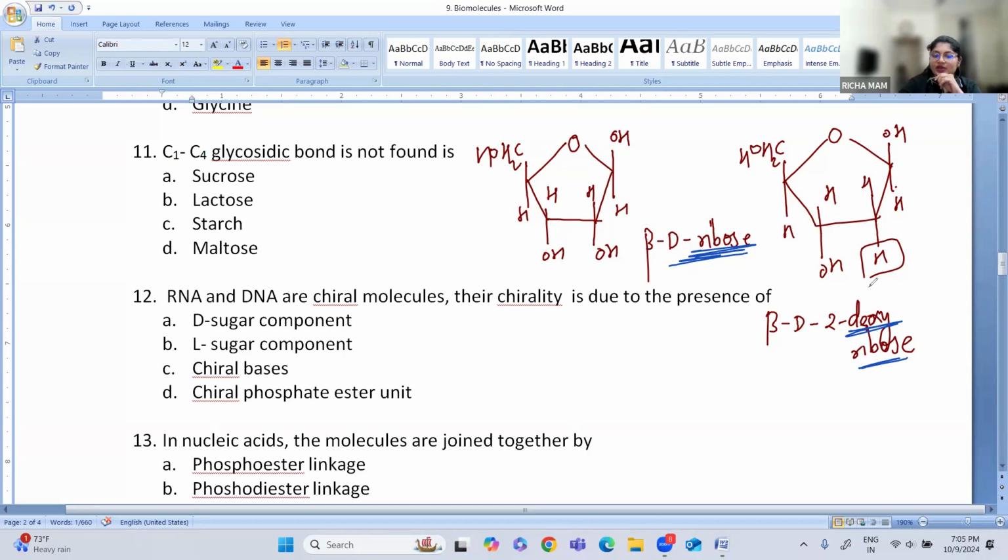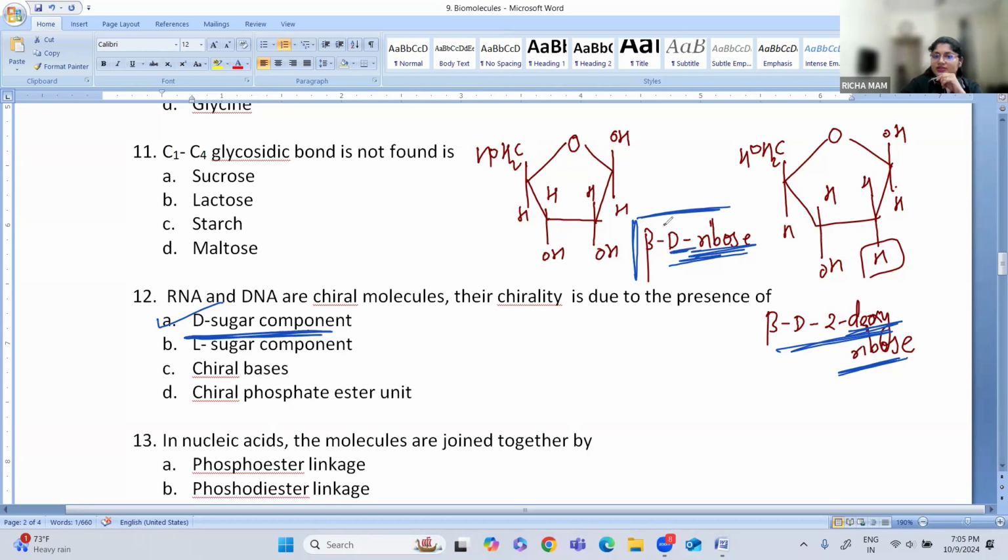In DNA, the sugar moiety is beta D 2-deoxyribose, and in RNA the sugar is beta D ribose. So it is due to the D sugar component.